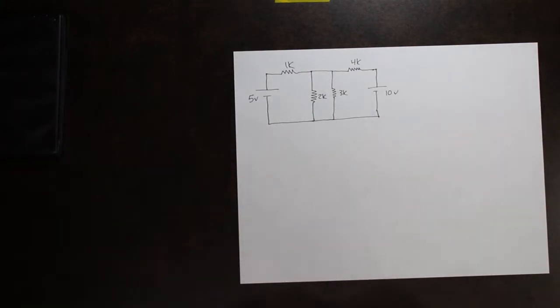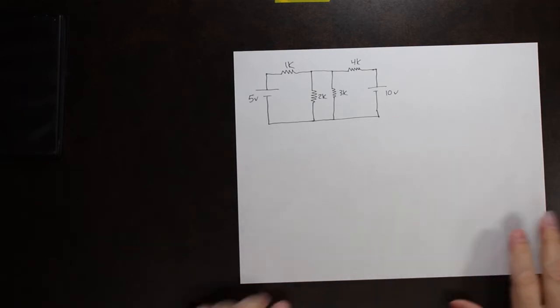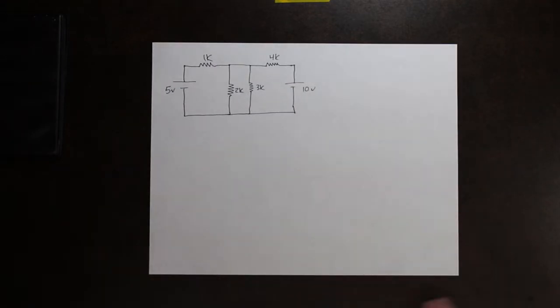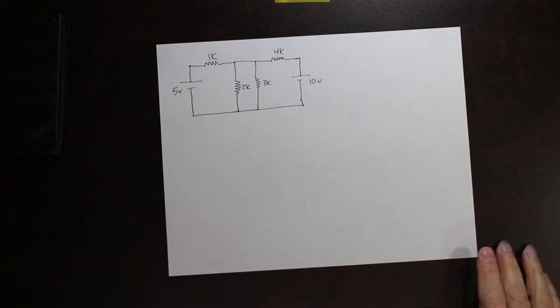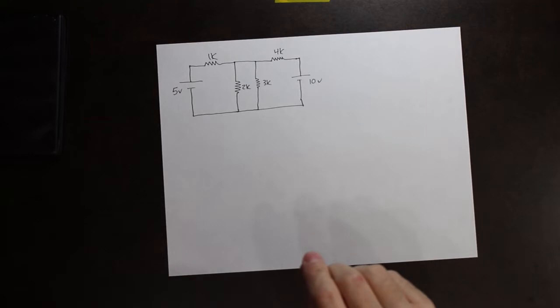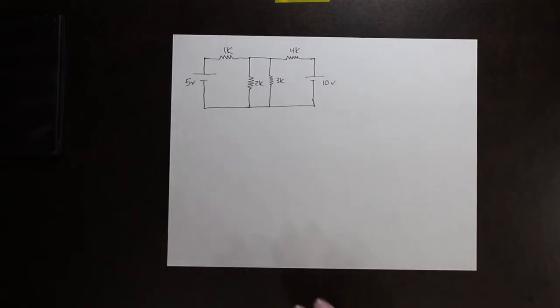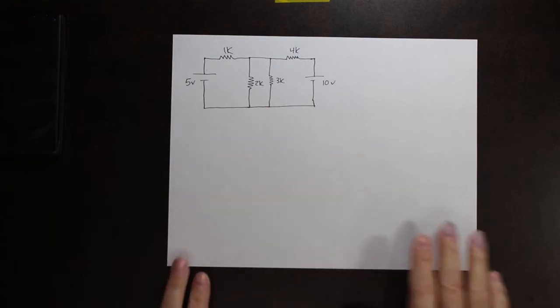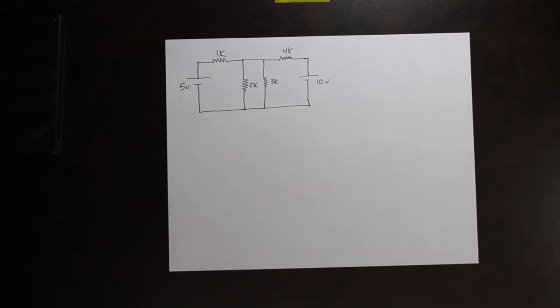So we are going to analyze two different things. The first thing we have to analyze is the current magnitude being supplied by each power supply. Next is the current direction, so each current's direction as it comes from each supply.